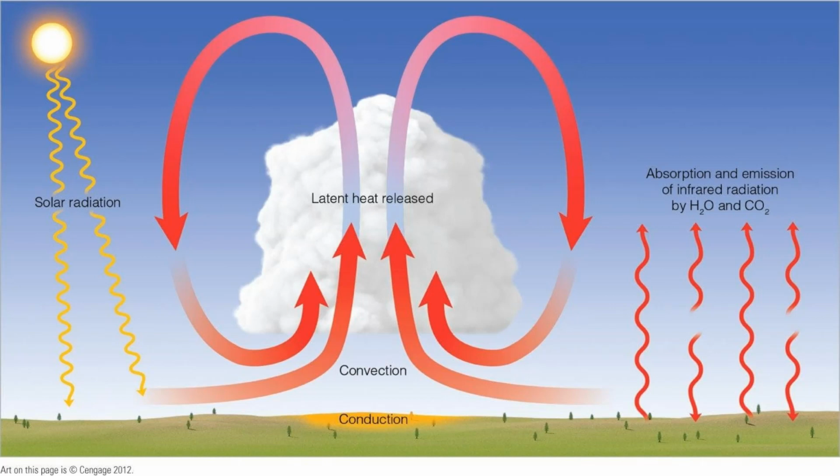Well, as soon as it changes phase, that means that one of those tiny little water droplets is actually releasing energy to the surrounding area. Okay? And so to the surrounding air. And what that does is that heats up that air, making it want to rise as well.